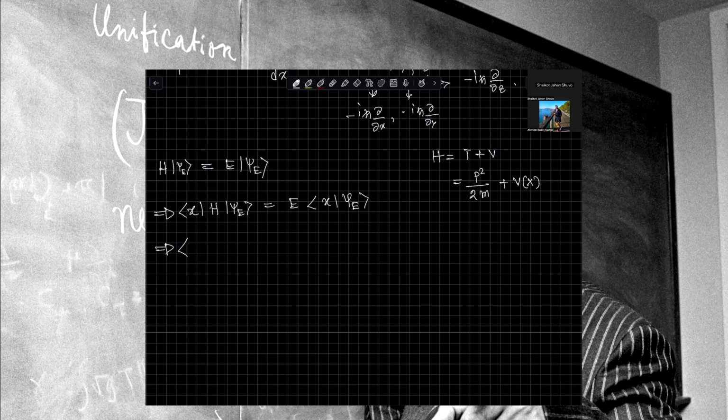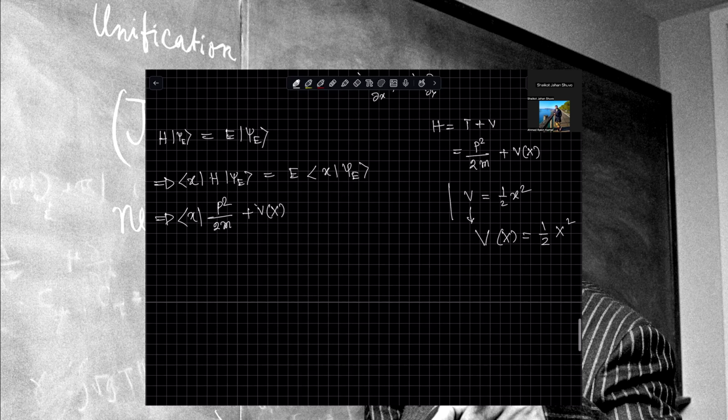So what we do, we plug this in, p squared by 2m plus V of x, oops, sorry, capital X. I mean, let's say in classical mechanics, you have some 1/2 of x squared, some potential. So in quantum mechanics, you'll have the capital V of capital X as 1/2 capital X squared, something like this. So that's why I wrote a capital X, and you write this, and you can call this E and psi of E of X.